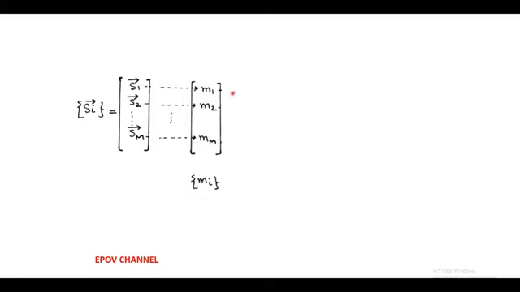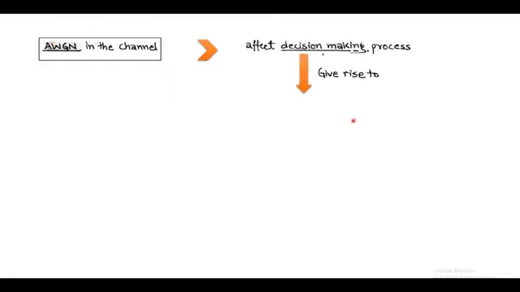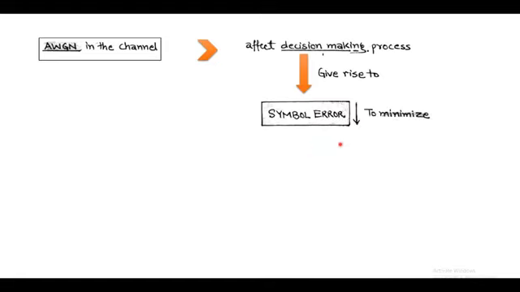Now, in order to make a decision, the a priori probability of the M-ary symbol makes it possible to decide and estimate the output symbol M cap. But while detecting and estimating in a digital communication system, additive white Gaussian noise affects the decision making process and gives rise to a symbol error. Our purpose is to minimize this symbol error.